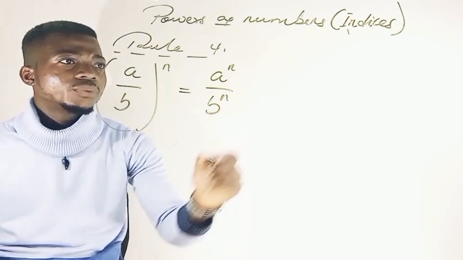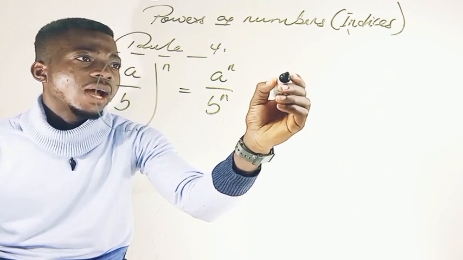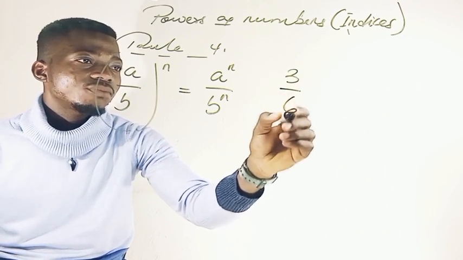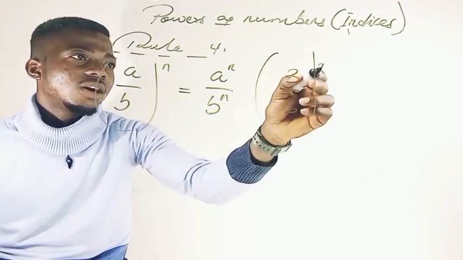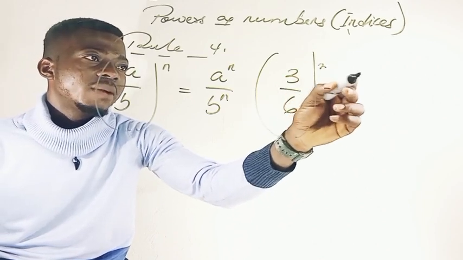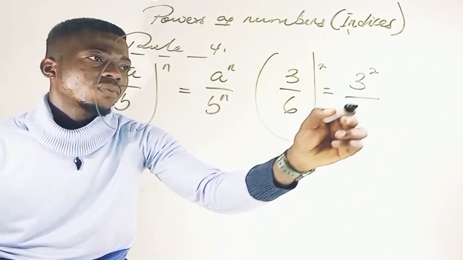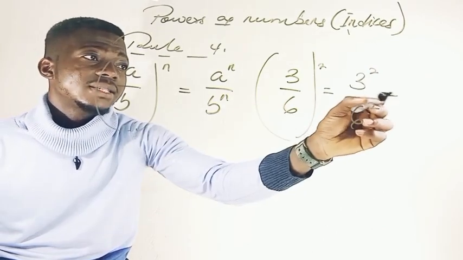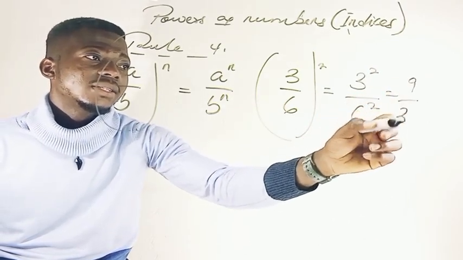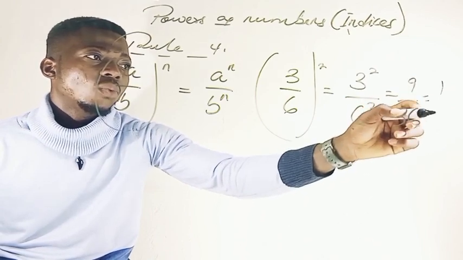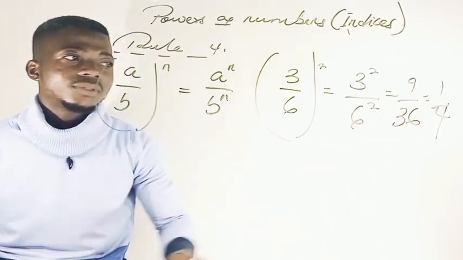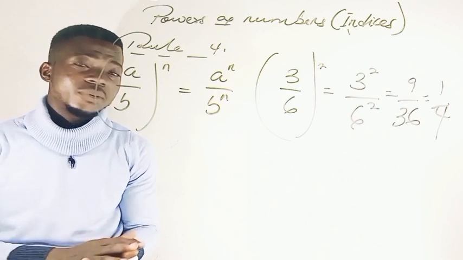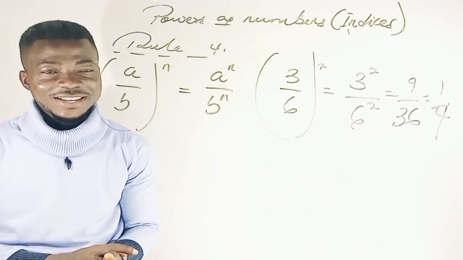So for example, if you have 3 over 6 all exponent 2, this is the same as 3 exponent 2 over 6 exponent 2, and that is 9 over 36, which is 1 over 4. Alright, as simple as that. You get it.